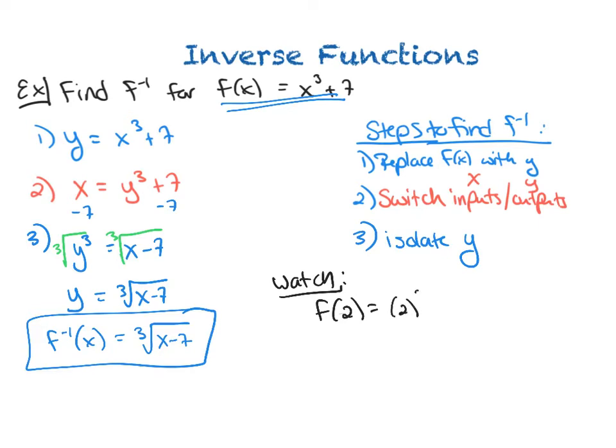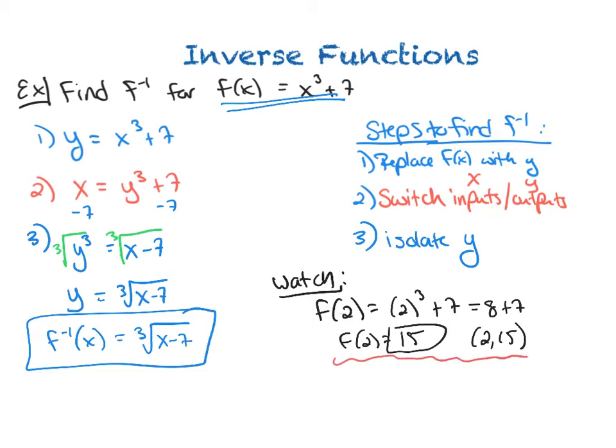So that would be 2 cubed plus 7, which is 8 plus 7. So f of 2 gives an output of 15. Okay, so when we plug in x equals 2, we get an output of 15 for f of x.